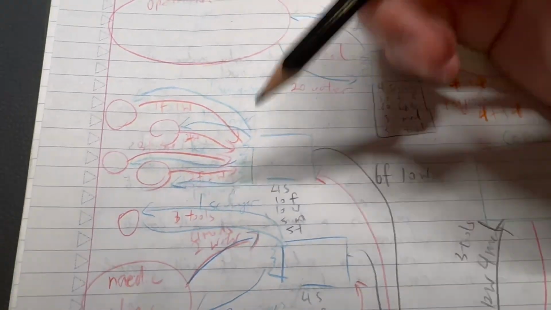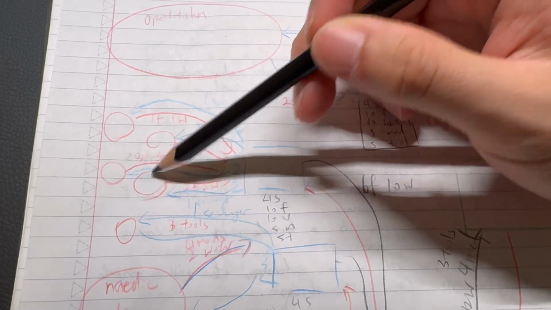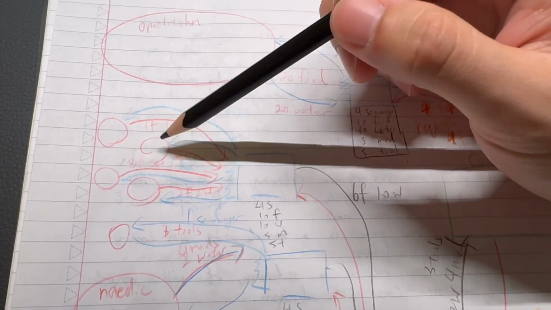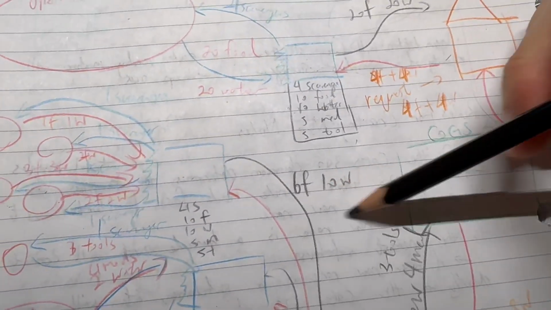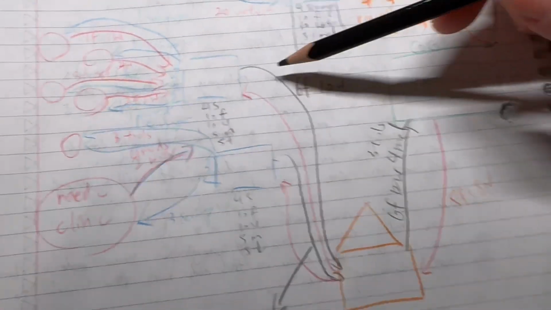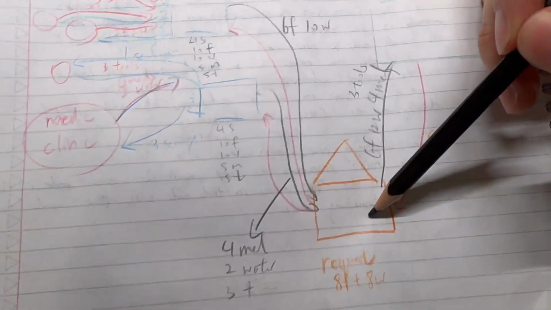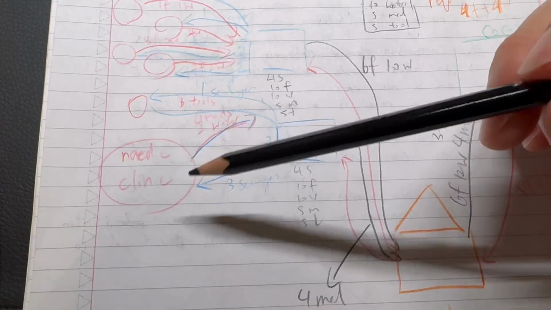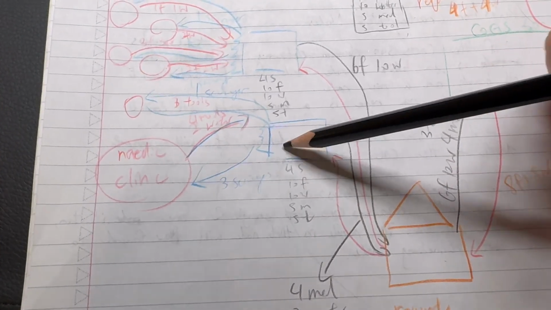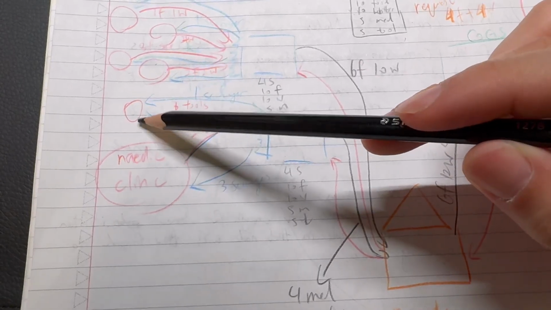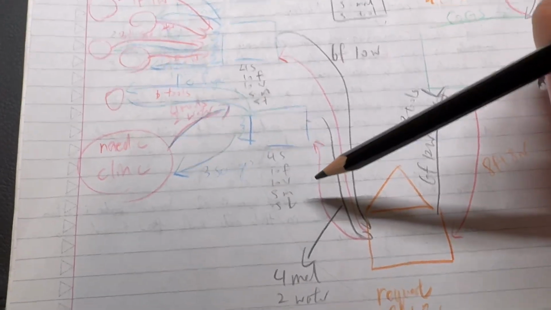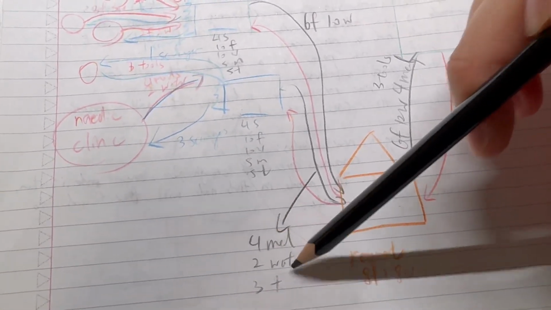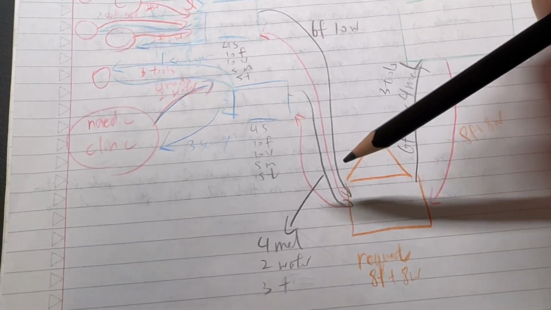And here is a little messy, but basically it's 4 vending machine nodes, and that will be responsible by this barricade node. And you can see it got 6 food and 10 waters in total, and that will be sent to the bottom safe house here. And the medical clinic is responsible by this node, and this node is also going to this vending machine here. It will get 4 meds, 2 waters, and 3 tools in total.